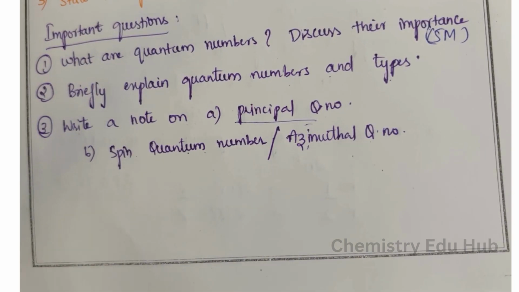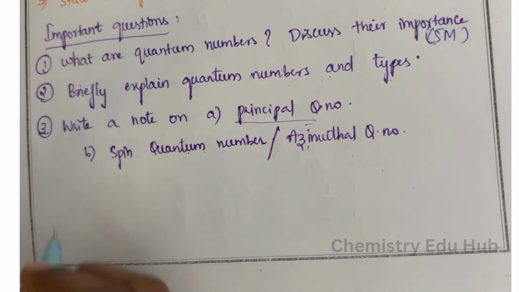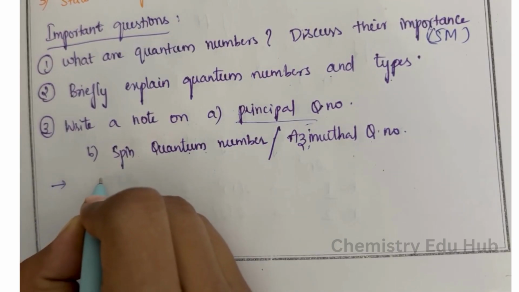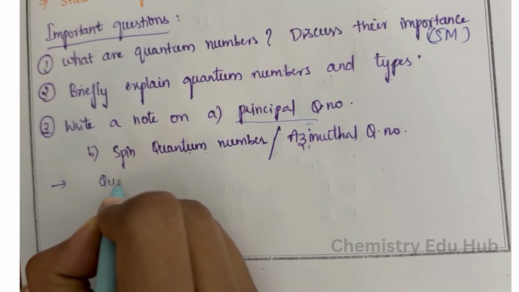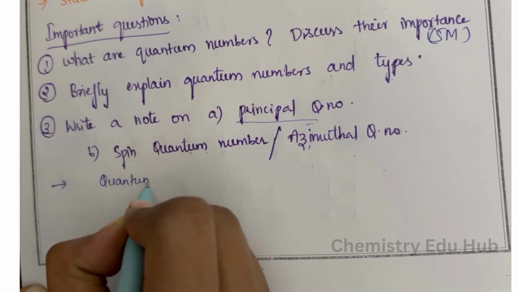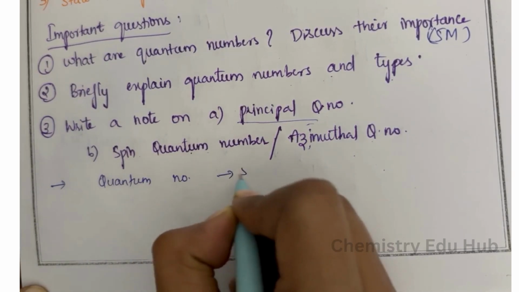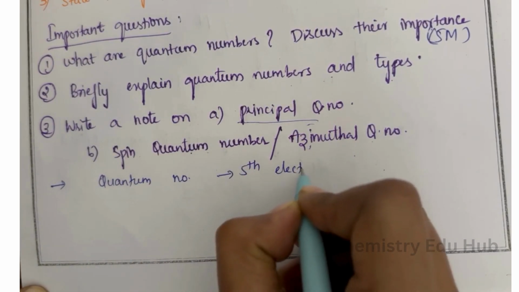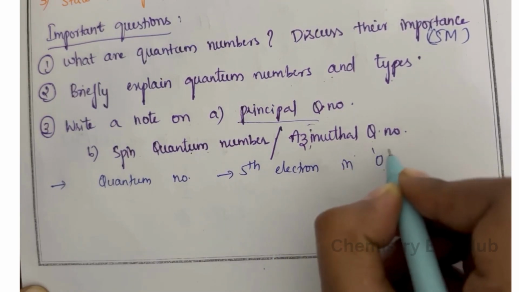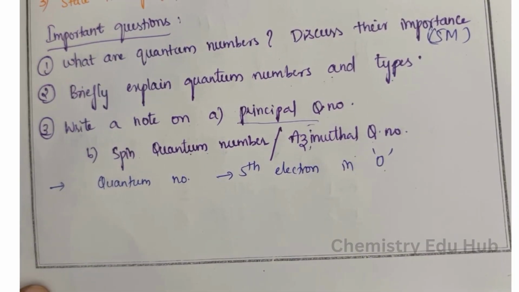So either 5 marks or 3 marks can be expected, and sometimes they can give you a problem like calculate the quantum numbers for the 5th electron in the oxygen atom. Such examples also can be asked.